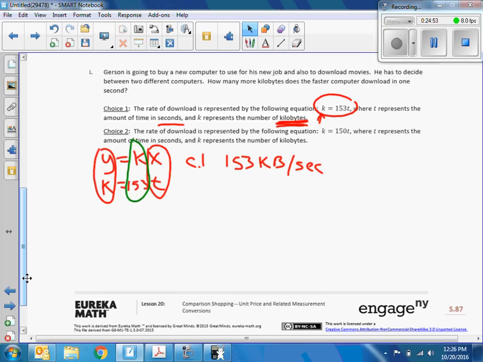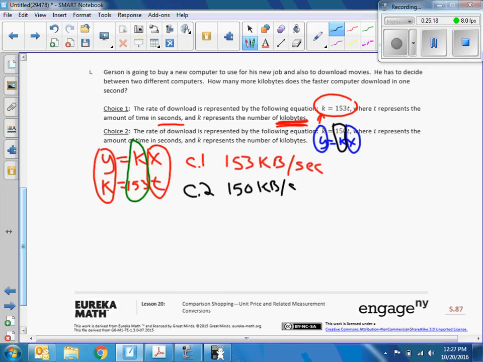Okay. Choice number 2. Download represented by the following equation, y equals kx. Again, line this stuff up. Focus on the k in y equals kx, and it corresponds to 150. Computer 2 says 150 kilobytes per second.